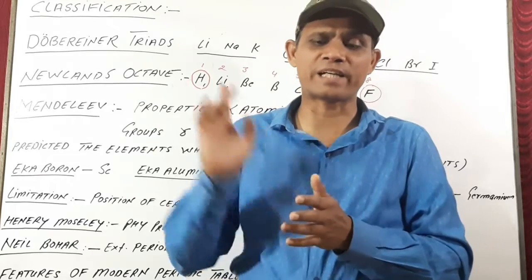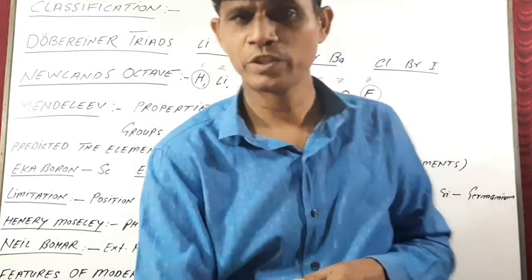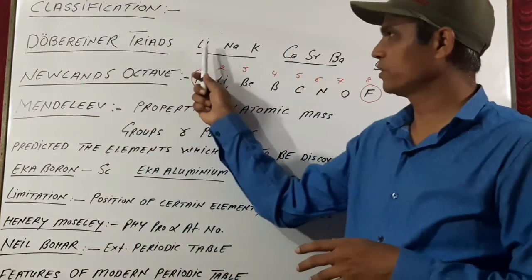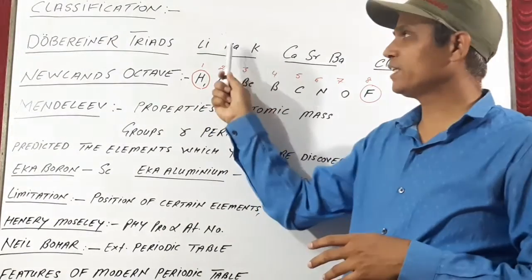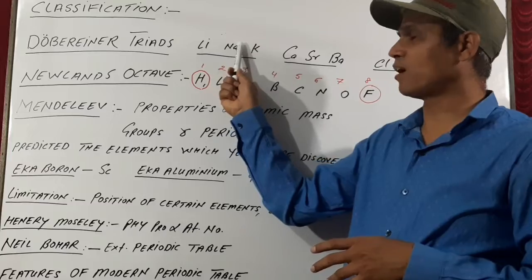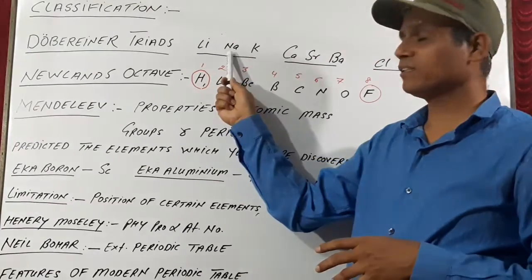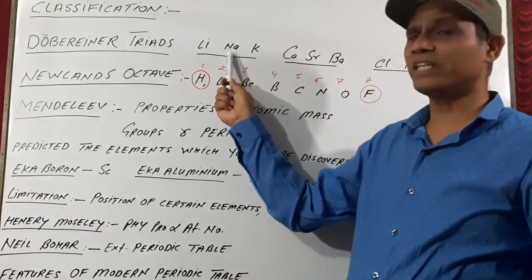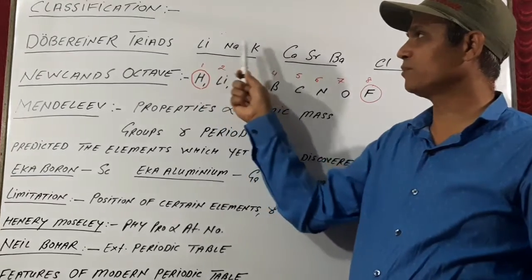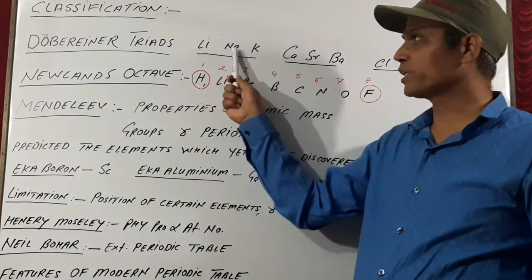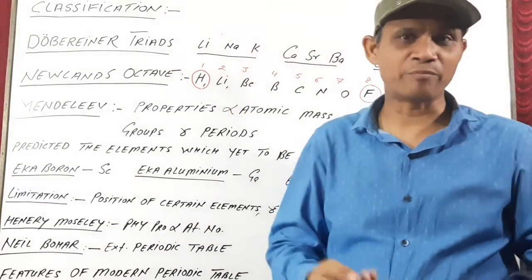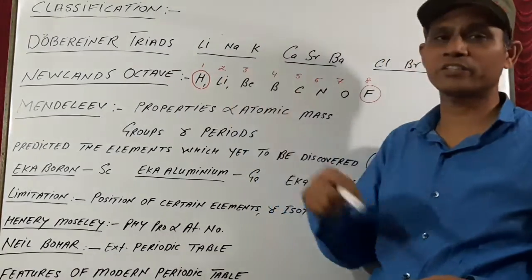For example, as I have shown on the board, you can see over here lithium, sodium, potassium. Here sodium has the mass which is the arithmetic mean of the masses of lithium and potassium, and the properties of lithium, sodium and potassium resemble. So this is one triad.